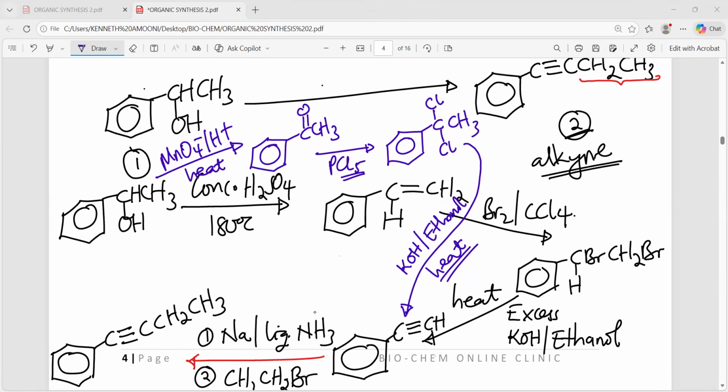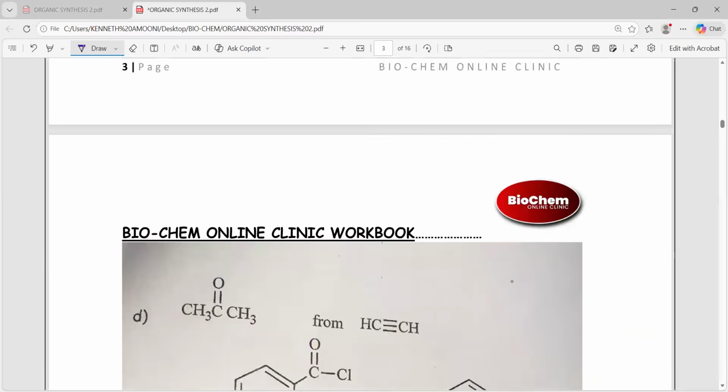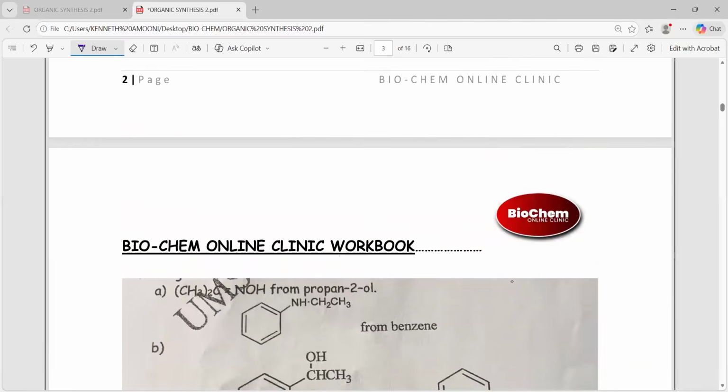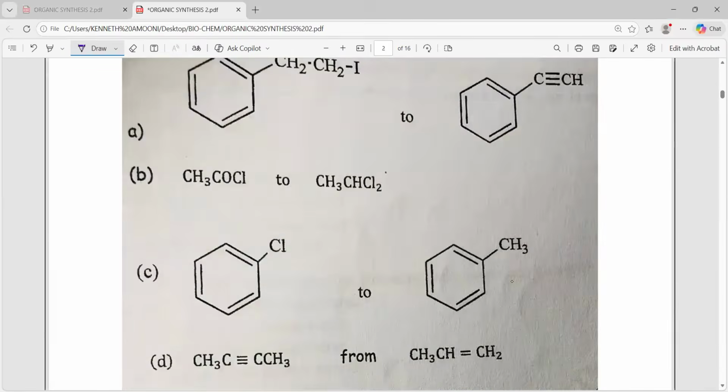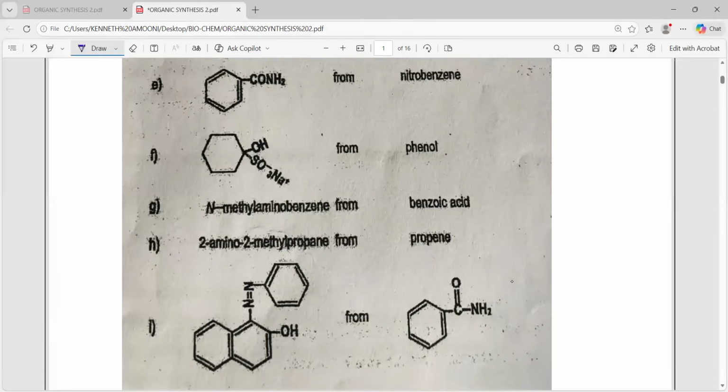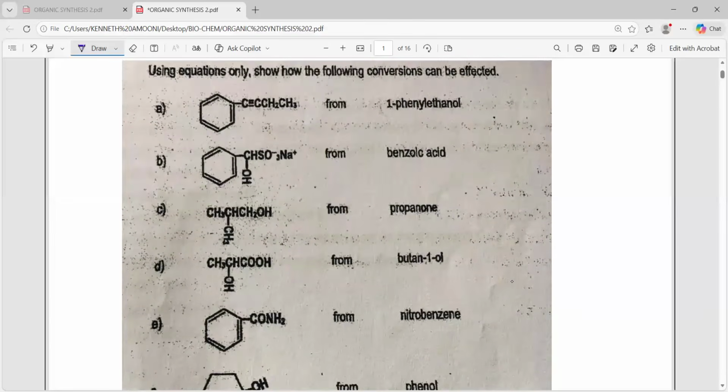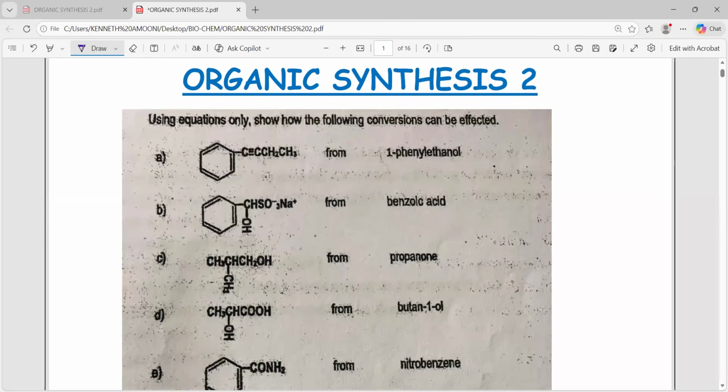I gave the questions in the WhatsApp group. Let me allow people to take screenshots. For people who are not in our WhatsApp groups, it's okay, you can do that. The question is clearly saying 1-phenyl ethanol.